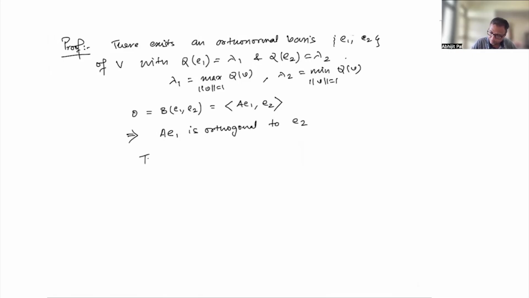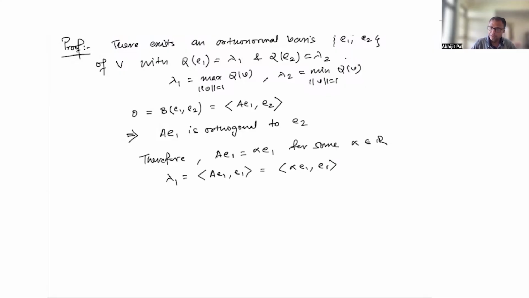So therefore, this AE1 has to be equal to alpha E1 for some alpha belonging to R. Now lambda 1 is equal to the inner product AE1 with E1, which is equal to the inner product alpha E1 comma E1.